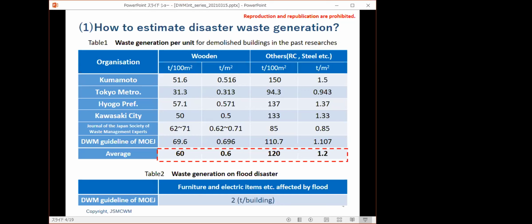So the disaster waste is mostly damaged furniture or flooded electric items. So the volume will be around 2 ton per building. So these numbers are waste generation per unit or square meter.